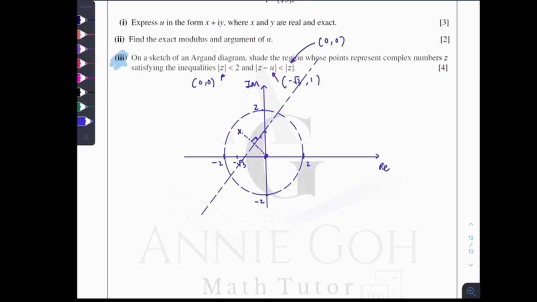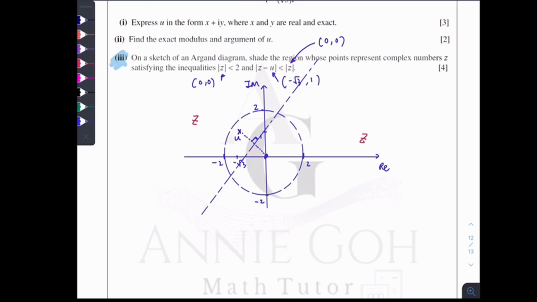So I'll label here as U. Then I put a Z here at the left hand side and a Z at the right hand side. Then you check the distance between Z and U compared to the distance between Z and the origin. So Z and the origin is longer, which is what is requested by the inequality. So the Z should be at the left hand side.